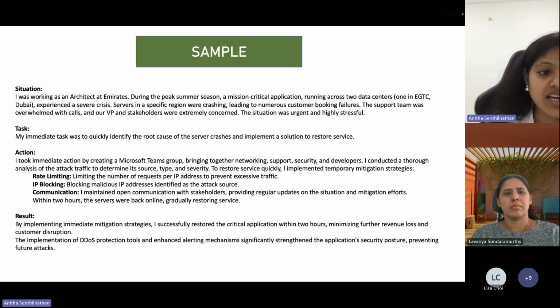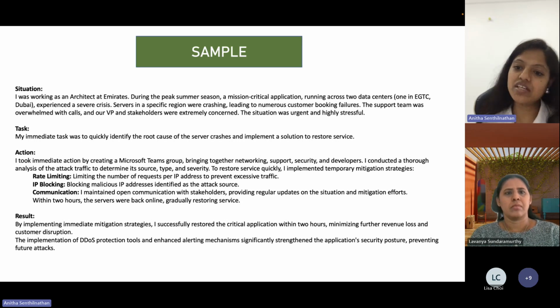My task was to immediately and quickly find the root causes of the server crashes and implement a solution to restore the services. Actions: this is where I have added the tools I implemented, like rate limiting and IP blocking. These are the steps I took, so that the interviewer can ask me follow-up questions, for example, how did you do the rate limiting in your networking, or IP blocking, or communication?